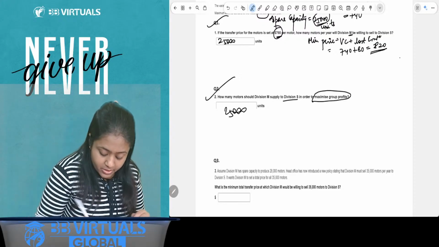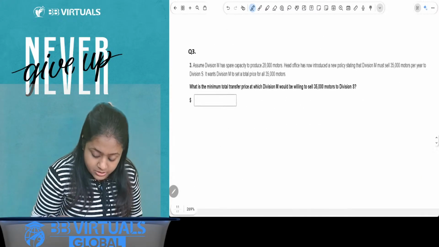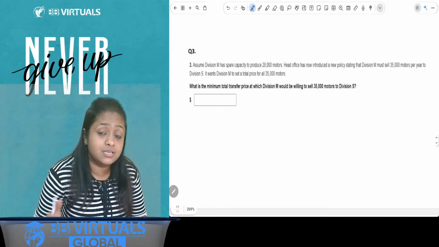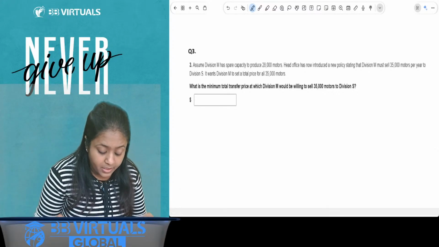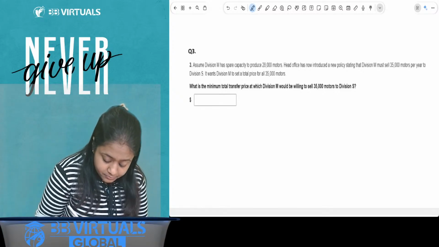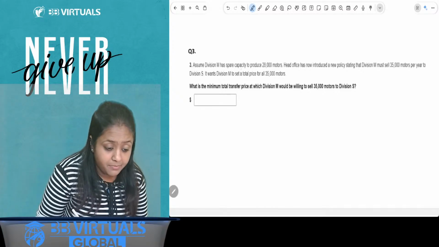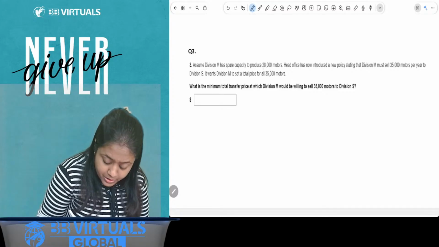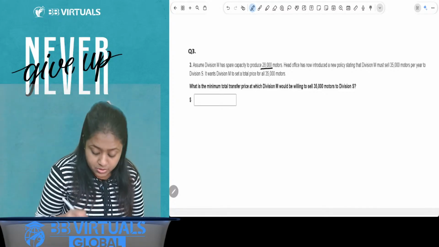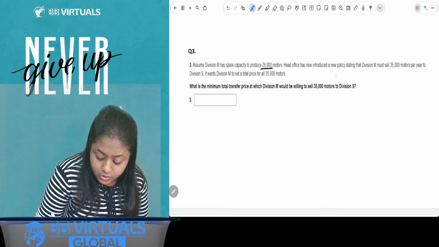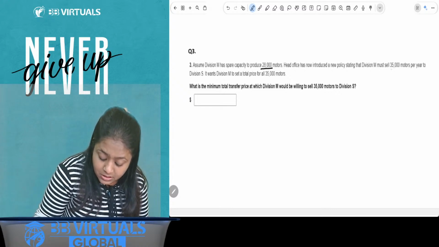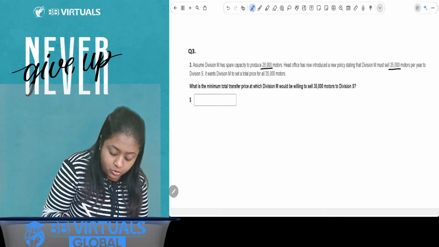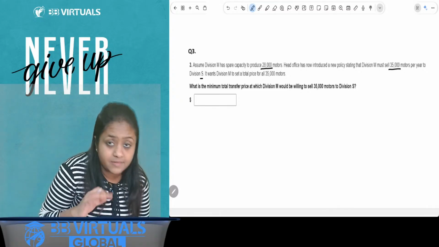Okay. Now, question number 3, assume that now there is a change in circumstance. Assume that Division M has a spare capacity to produce 28,000 motors. Head office has now introduced a new policy stating that Division M must sell 35,000 units per year to Division S. Okay, they have set this policy.